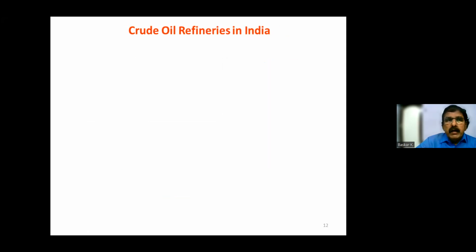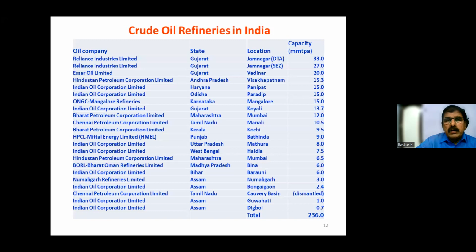Within India, we have multiple refineries across the country, and both private and government public sector refineries are available. You can see that Reliance Industries is topping with 33 and 27. And the second one, 27 Jamnagar SEZ, that refinery is totally exporting the product to other countries.